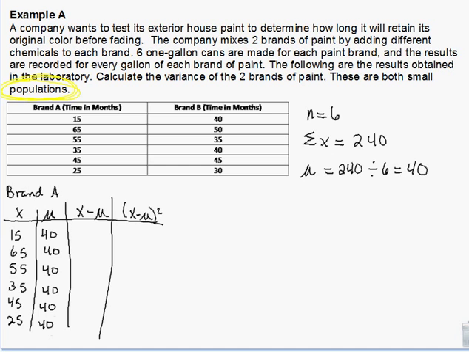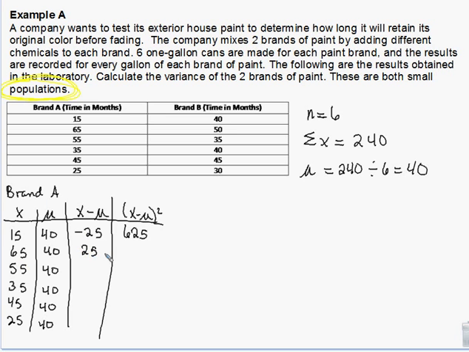Okay. Now, I have to do x minus mu. So 15 minus 40 is negative 25. Hit the squared button, 625. Then I do 65 minus 40, which gives me 25.